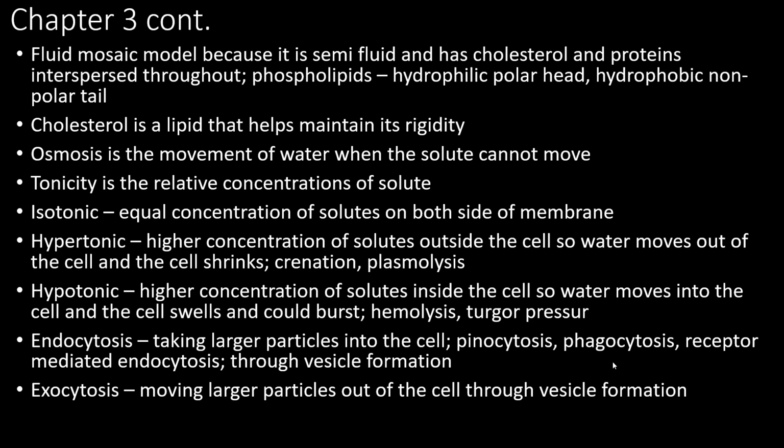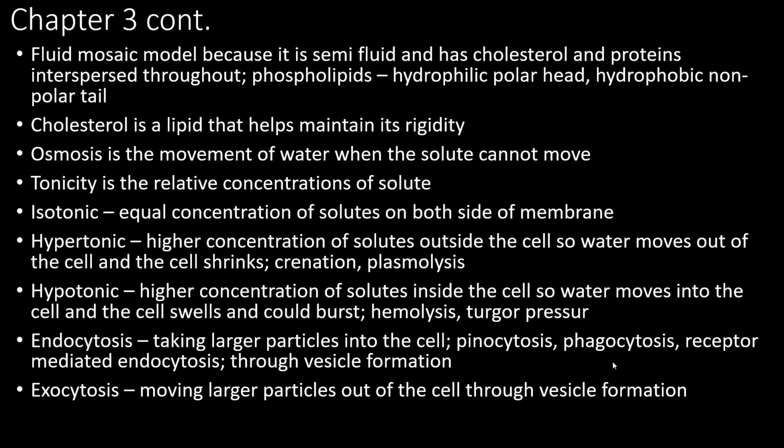They do not like water. Also embedded throughout this lipid sea are proteins. This is what gives it the mosaic side, because there are proteins and cholesterol spread out throughout the structure. Now, why would we have cholesterol in there? Cholesterol is another type of lipid, or fat, and it helps maintain the shape and rigidity of the plasma membrane.